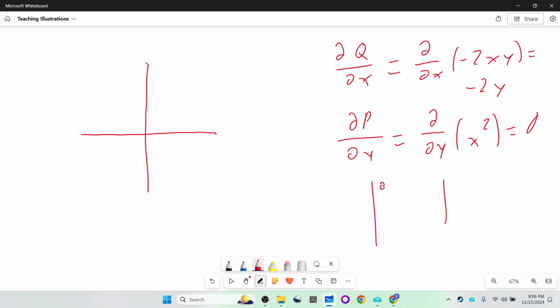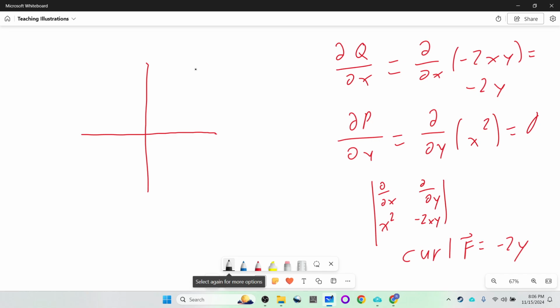Or if you want to write it in the matrix form here, p is x squared and q is negative 2xy. So you get negative 2y minus 0. So the curl of f is negative 2y.